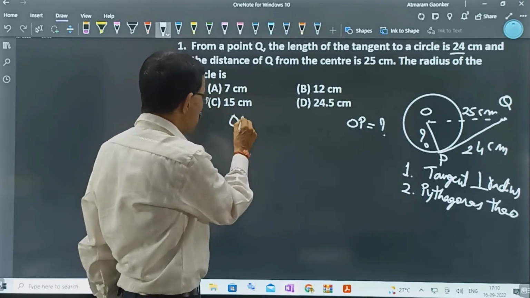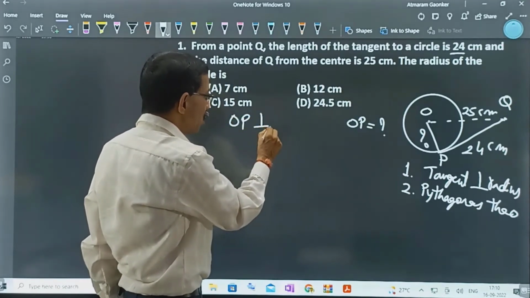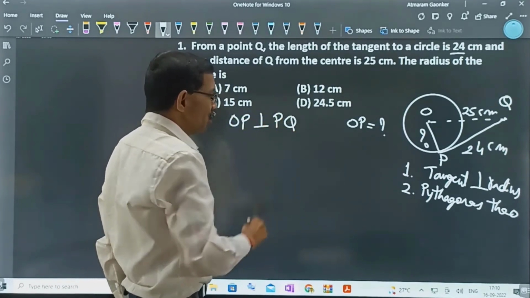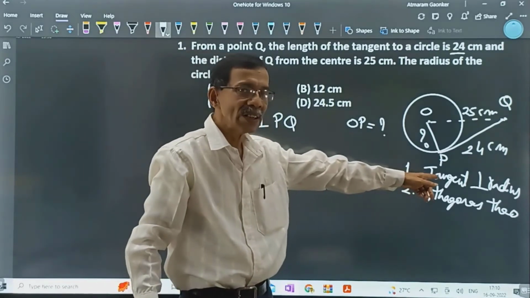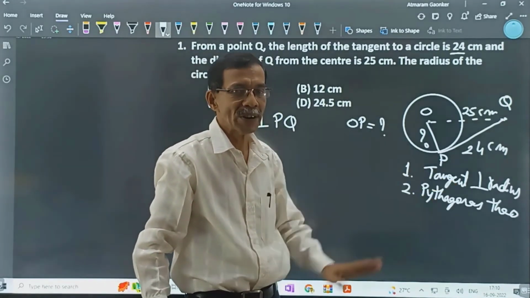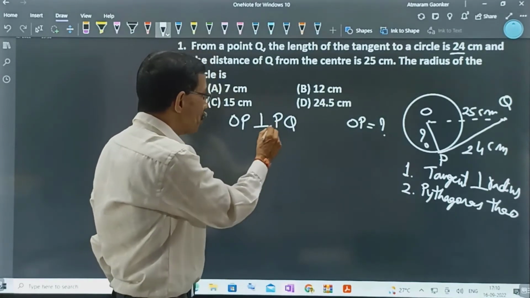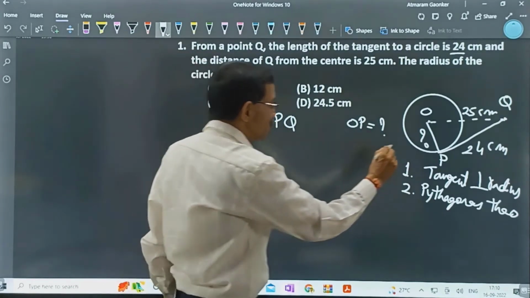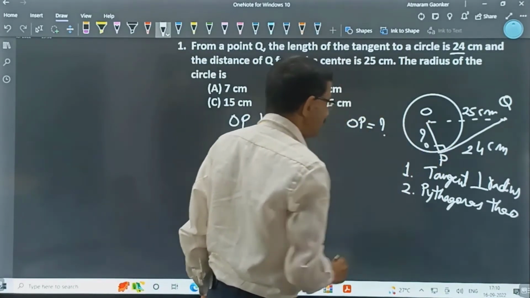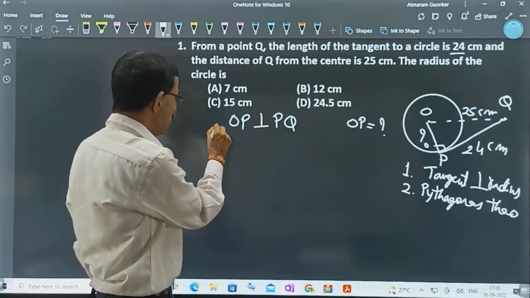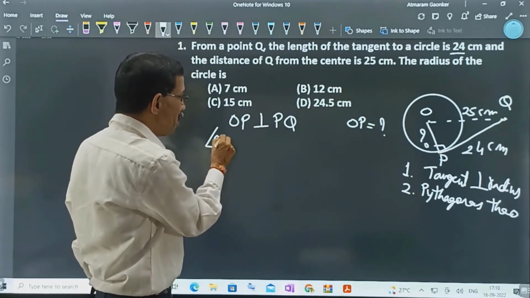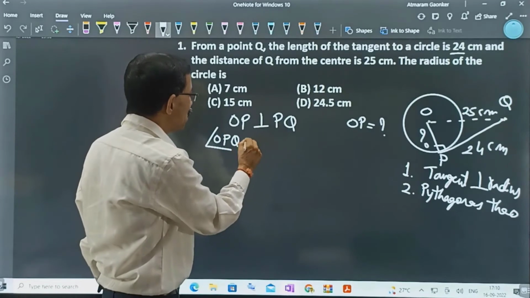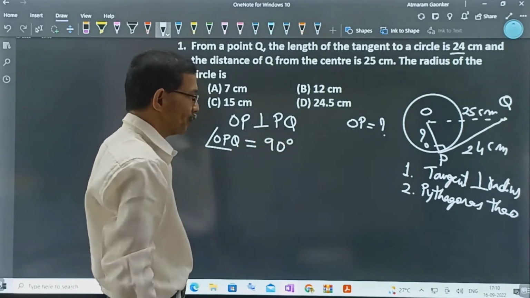So OP is perpendicular to PQ, because tangent is perpendicular to the radius at the point of contact. And if they are perpendicular, we know that this angle becomes 90 degrees. So let me write the angle OPQ, this will become 90 degrees.